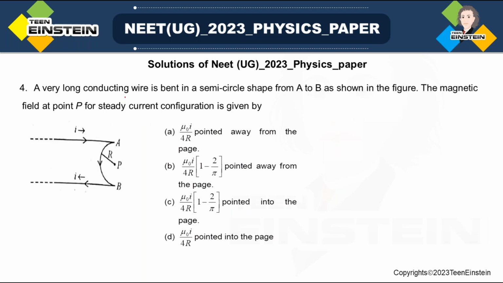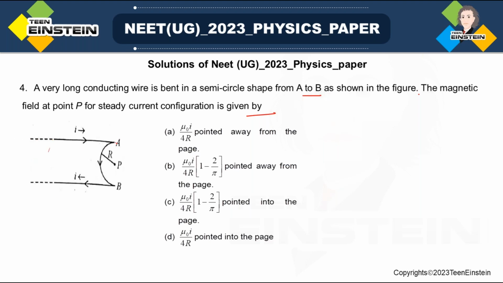A very long conducting wire is bent in a semicircular shape from A to B. See, A to B is semicircular as shown in the figure. The magnetic field at point P for steady current configuration is given by. See, I'll tell you there are parts of this total configuration.